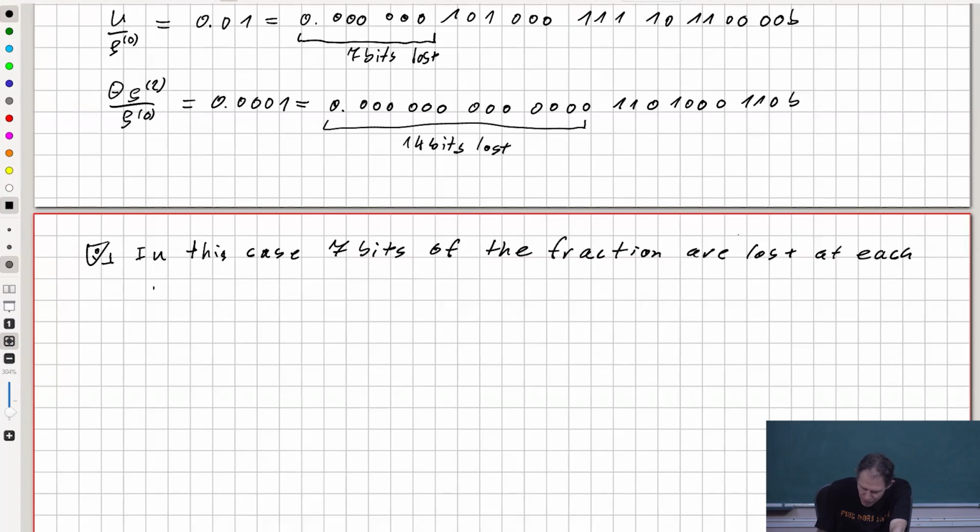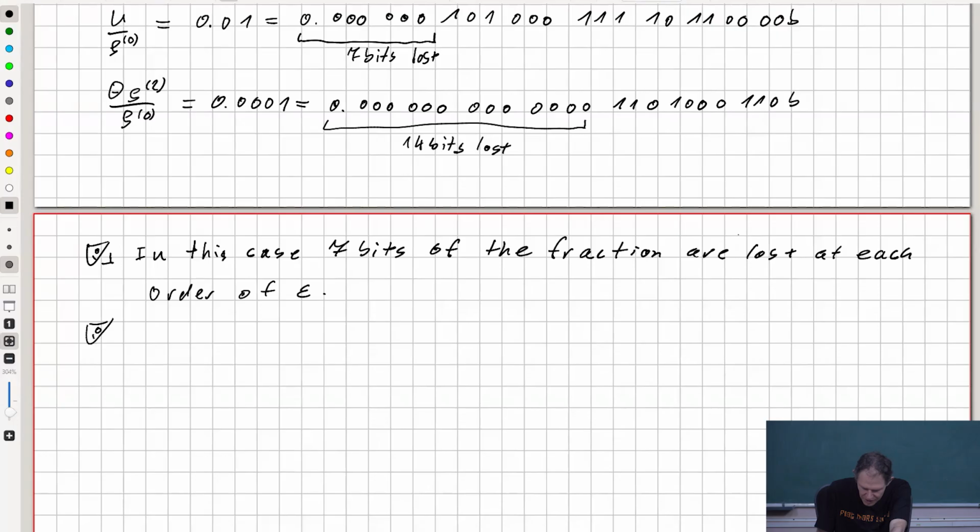So the next order would have then, what is it, 21 lost. You see there's nothing left, yeah? Are lost at each order of epsilon.